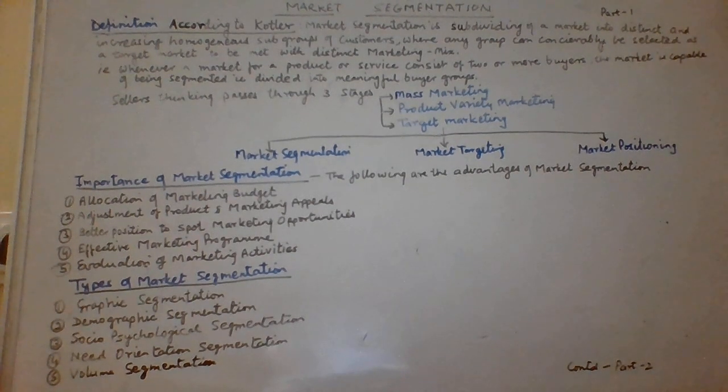Now, maybe it is mass marketing, for products like vegetables, fruits, milk, eggs, etc. And for product variety, for example, if I take ice cream, ice cream is one product, but the flavors are different.